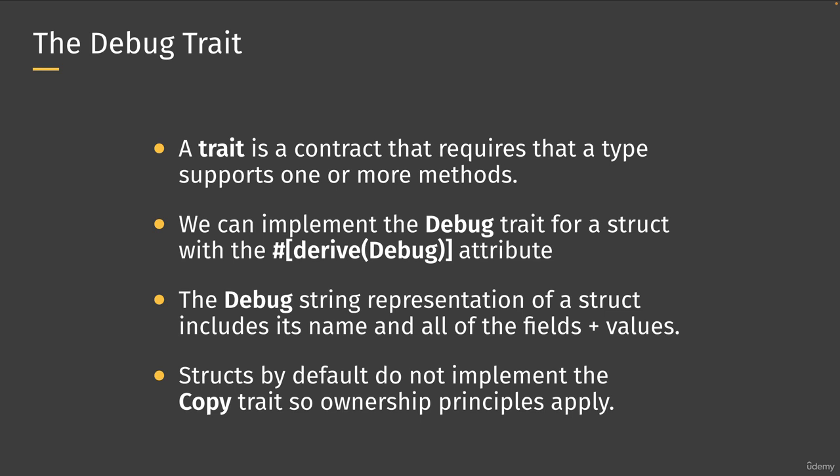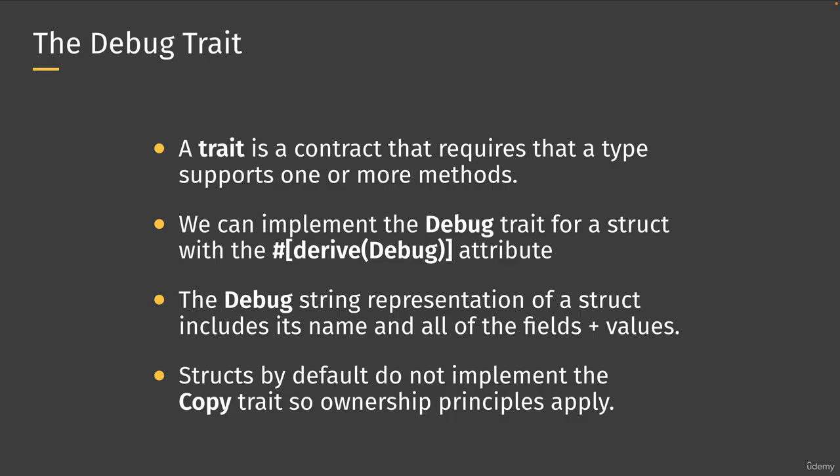We write that on the line above the struct definition, and that automatically implements the debug trait for a struct so that we can render it in debug format, which is the format specifier, a colon, and then a question mark. And that debug string representation is just a reasonable default that the Rust team chose that's going to include the struct's name, as well as all of the fields and their corresponding values.